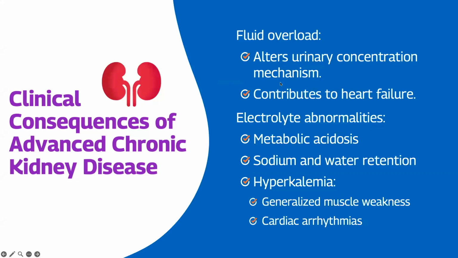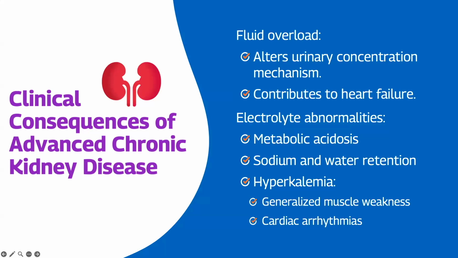So, considering the primary functions of the kidney, it should come as no surprise that as kidney function declines, so does the ability to regulate both fluid and electrolytes. So we know that fluid overload is going to result from excessive fluid accumulation, which is going to alter urinary concentration, and the inadequate removal of many substances is going to be contributing to heart failure.